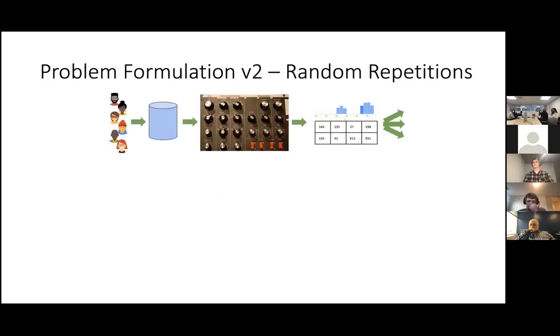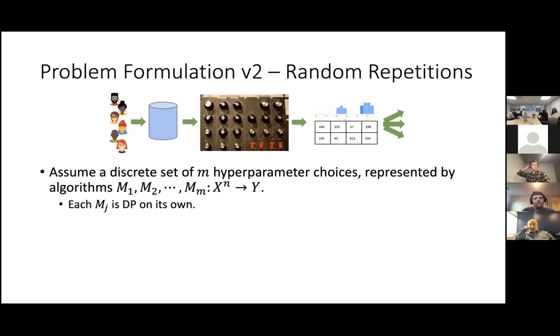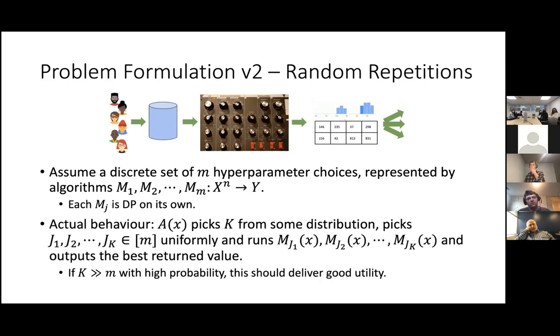Okay, so let's go back to the problem formulation. Again, we're going to start with a set of algorithms, each of which is differentially private on its own. The actual behavior is going to be as follows. We're going to pick some big K from some distribution, which we'll get to later. As I said, one example is the geometric distribution. So I want to do K runs.